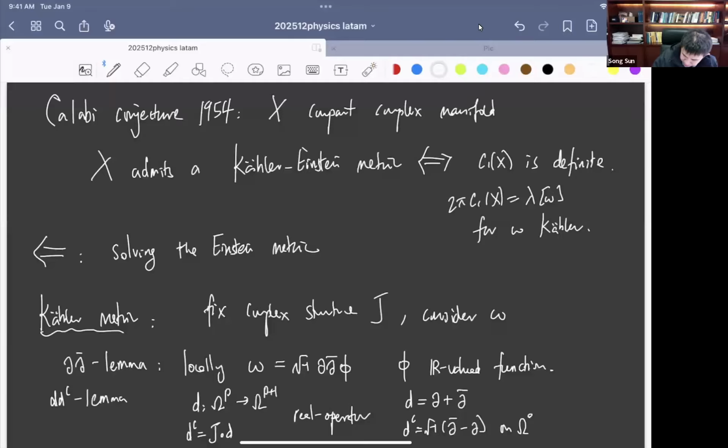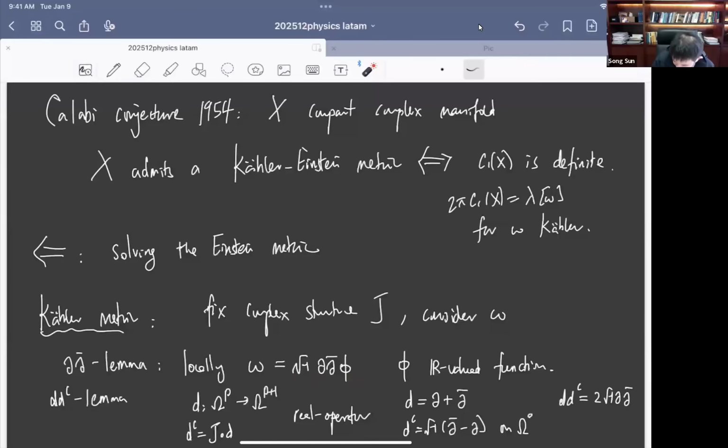And easily you can compute that dd^c is twice square root of minus 1 times partial partial bar. That's why when we write the partial partial bar lemma, normally you have to put the square root of minus 1, otherwise phi will not be real valued.